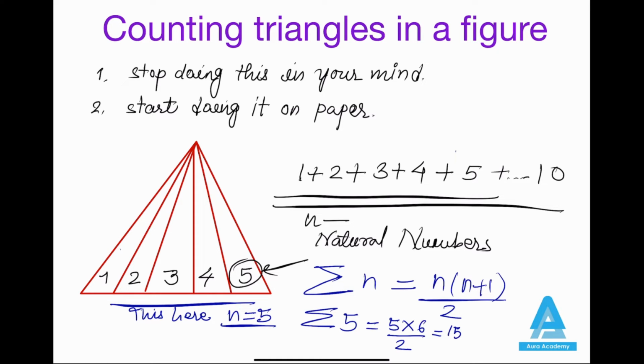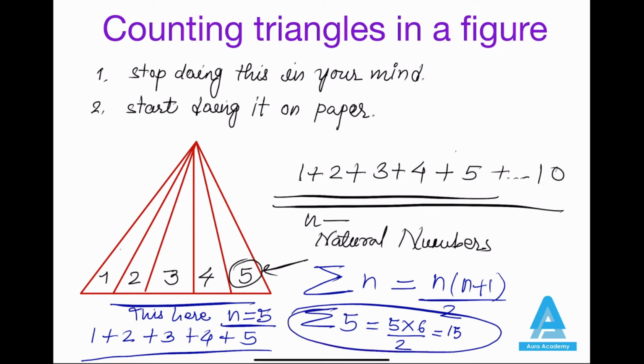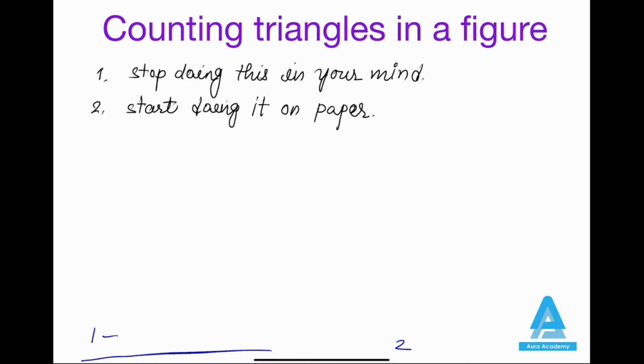So the number of triangles in a given figure, we can easily count just by adding 1, 2, 3, 4, 5, which are natural numbers, with the formula for the summation of natural numbers. Whenever someone asks you how to count the triangles in a figure, you will have this kind of question.